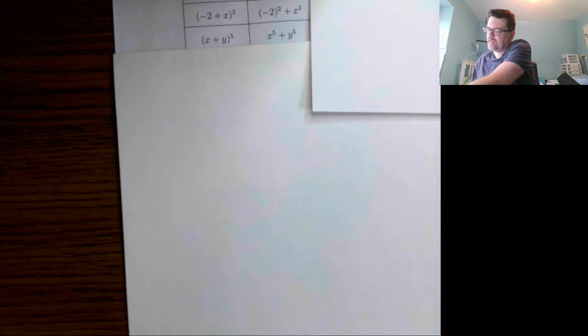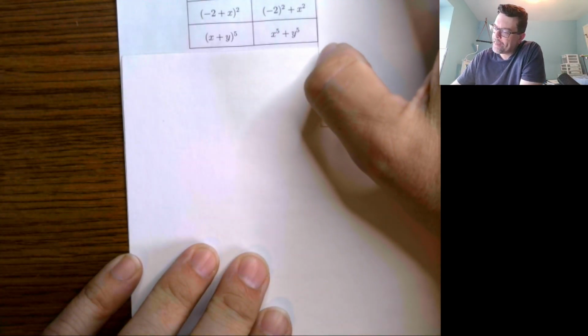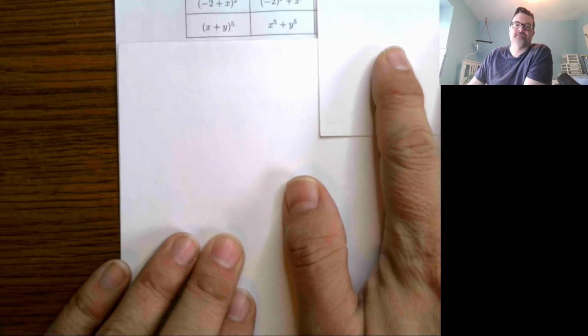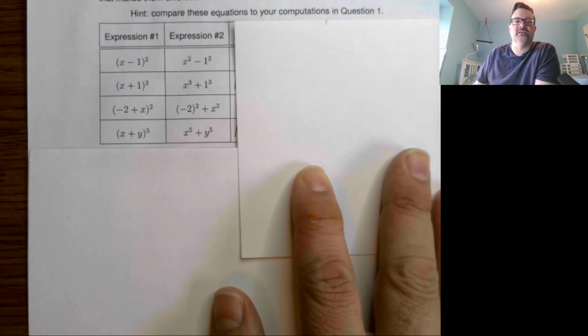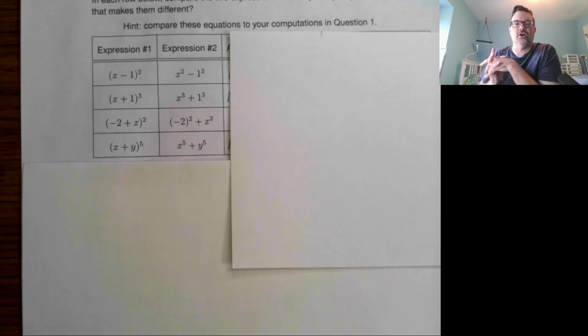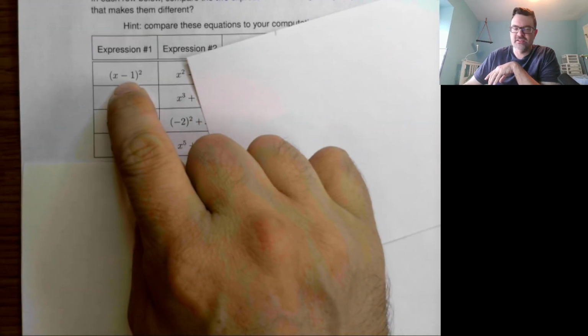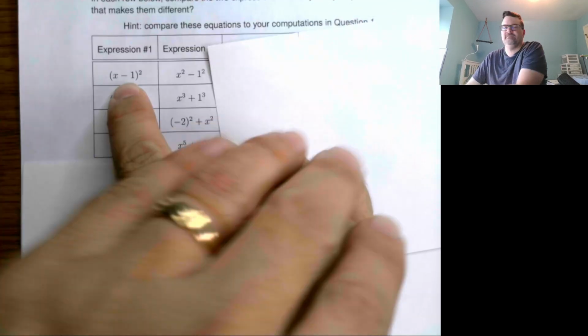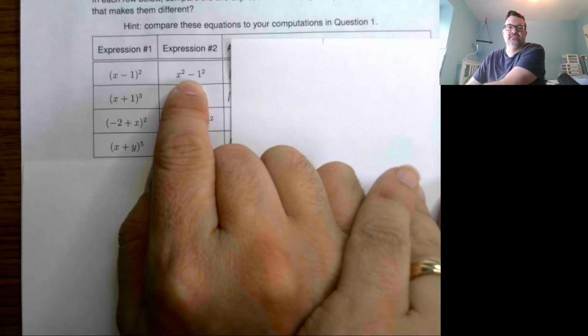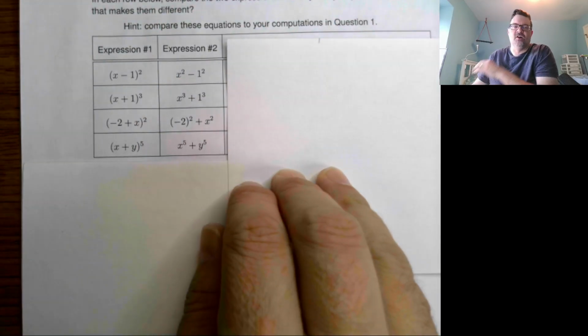We're going to go to the next slide. Here are a bunch of expressions, a pair in each row. Turning this kind of thing into this sort of thing is something that people often try to do.